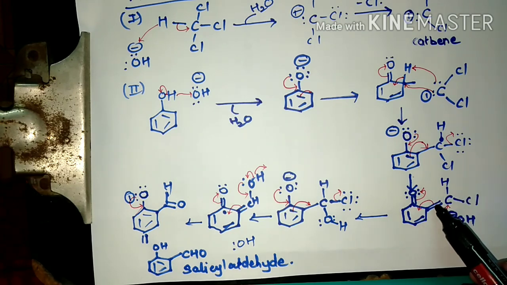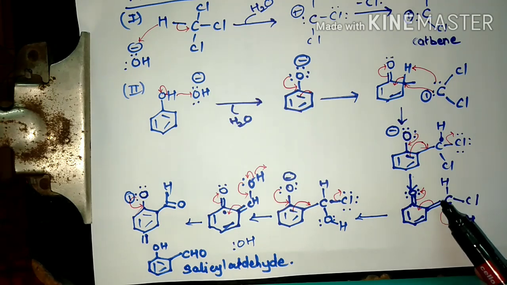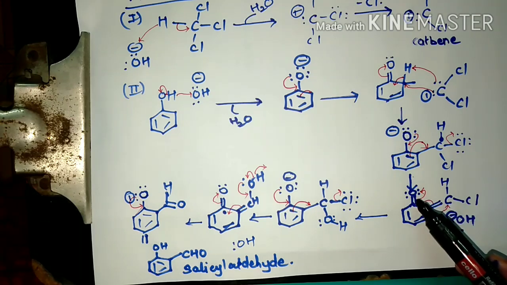So now this benzene ring is unstable, so its double bond is shifted over here, so carbon becomes a carbocation, so it will react with the base hydroxyl group. There is a formation of a bond between the hydroxyl group and carbon, and at the same time this oxygen takes its electron.